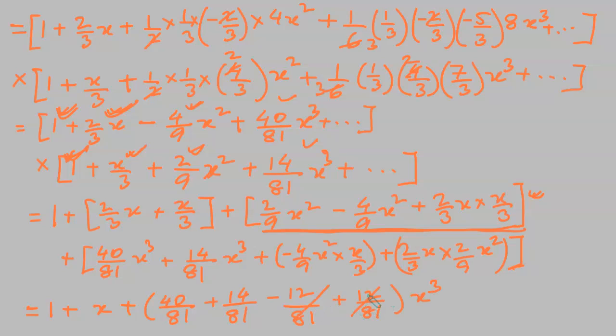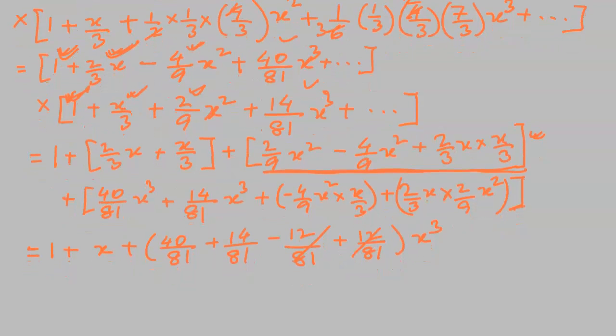So these two will be getting cancelled, and 40 plus 14 will be equal to 54. Okay. So this is equal to, and of course it will not be ending, it is an infinite series. So we have given just the first 3 non-zero terms. So it is 1 plus x plus 54 over 81 x to the power of 3. These are the first 3 non-zero terms.